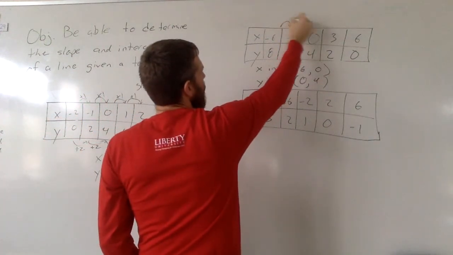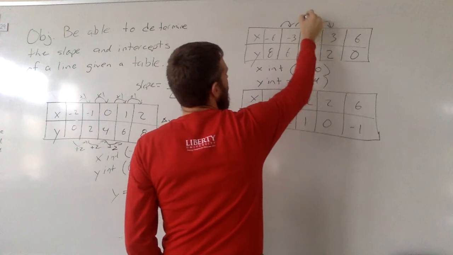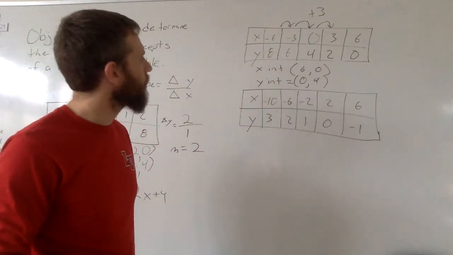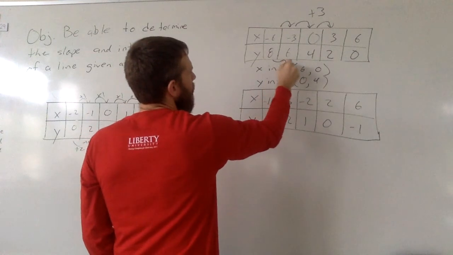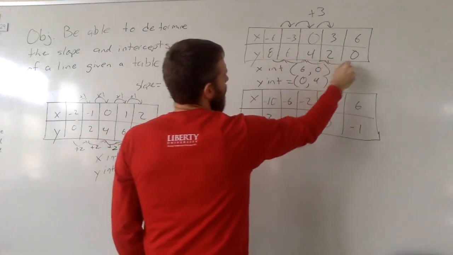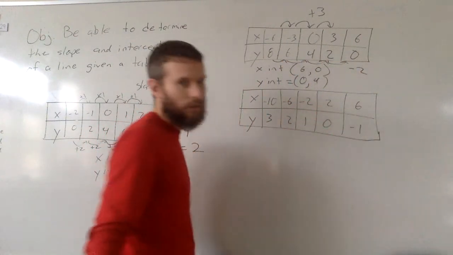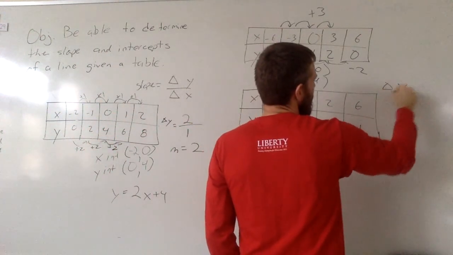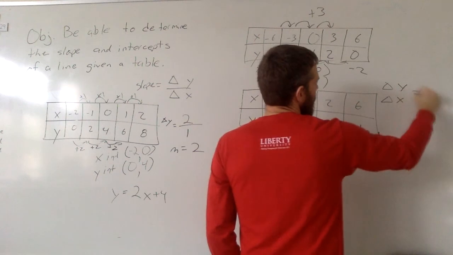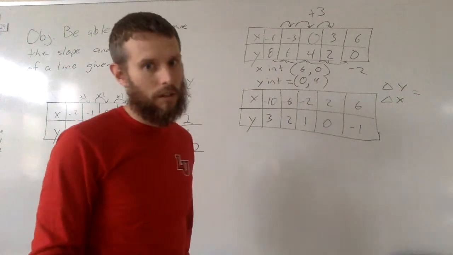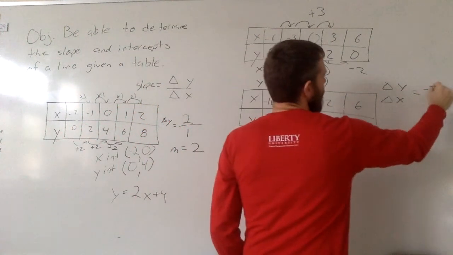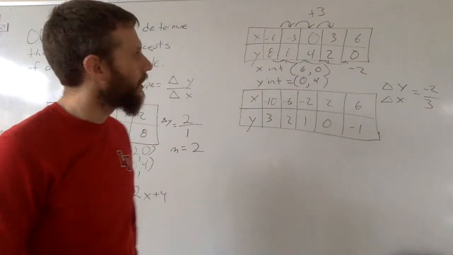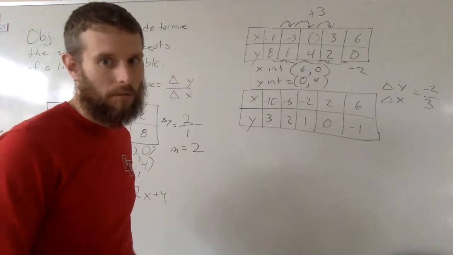The change in x is plus 3 each time. The change in y is negative 2 each time. So delta y, or change in y, over delta x, or change in x, is negative 2 over 3. And that is our slope for the line that this table represents.